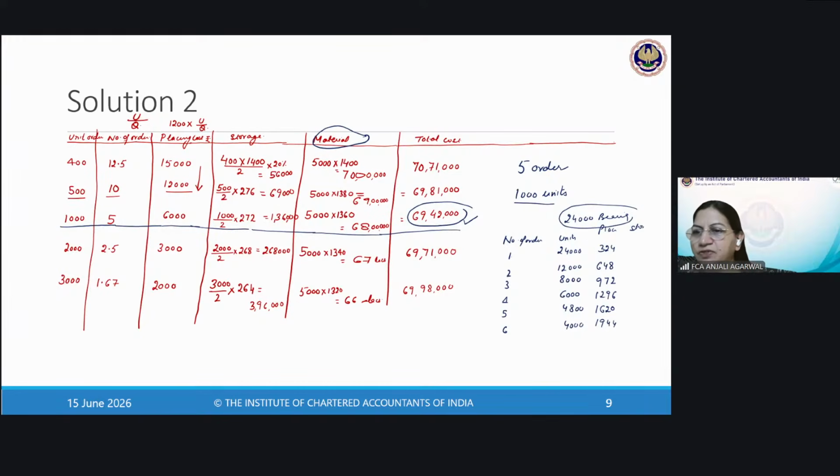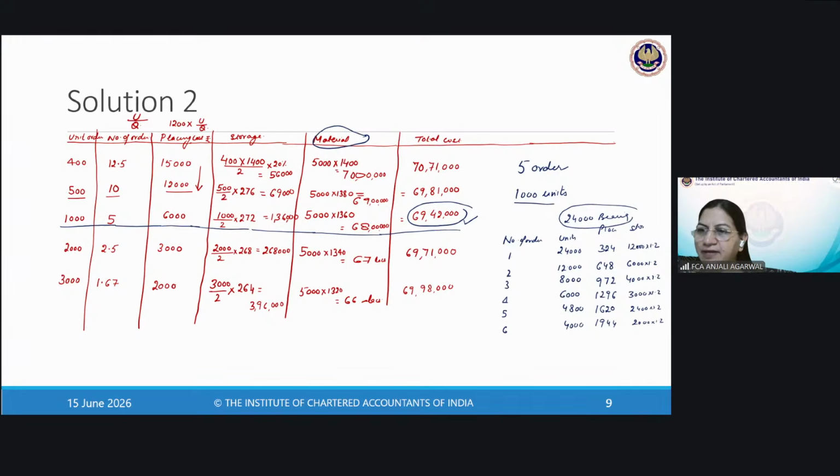And what would be the storage cost? Half of 24,000, 12,000 multiplied by 1.2. 6,000 multiplied by 1.2. And 4,000 multiplied by 1.2. 3,000 multiplied by 1.2. 2,400 multiplied by 1.2. And 2,000 multiplied by 1.2.